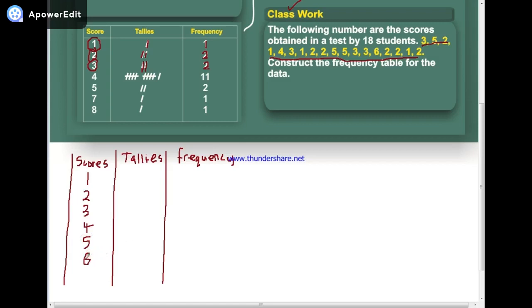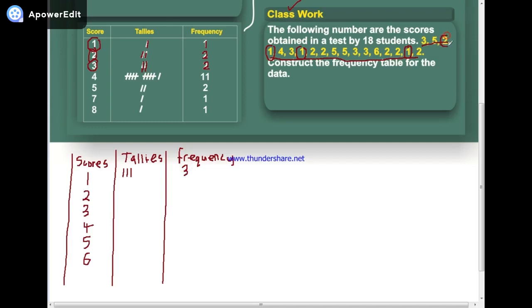Now, how many 1s do we have there? So you start counting. We have the first one here, 1, 2, and 3. So that means we have three 1s. You draw your tally, 1, 2, 3, and interpret it as 3. Now the second one is 2. How many 2s do we have there?